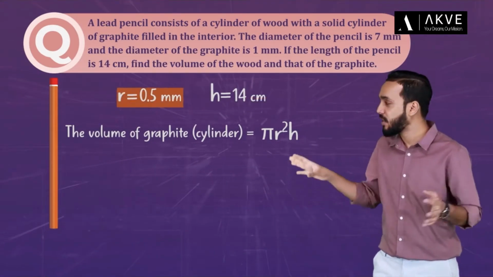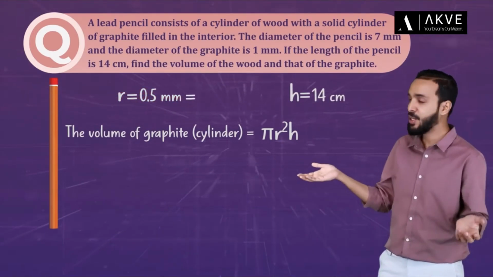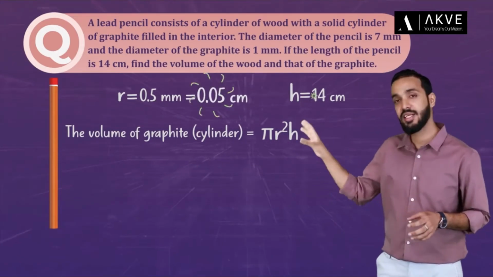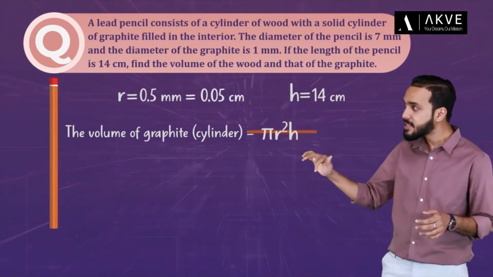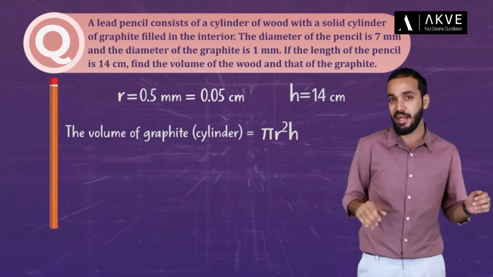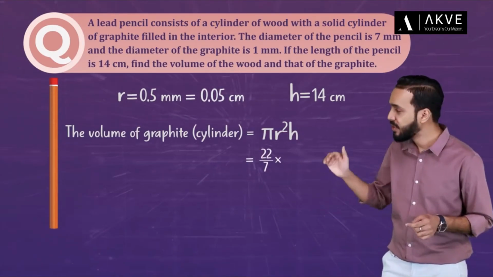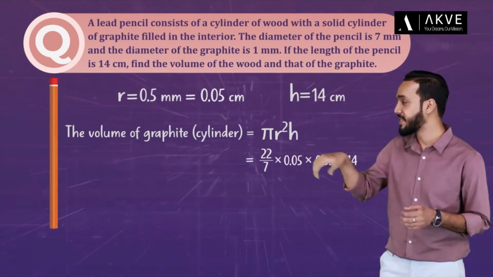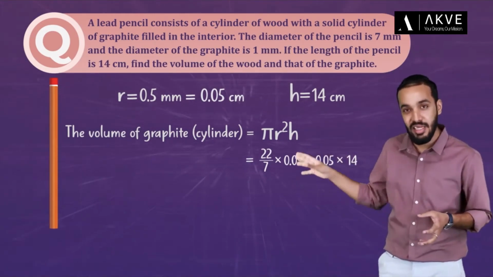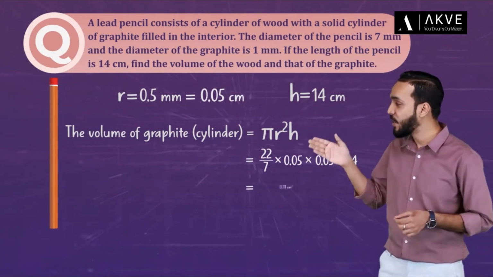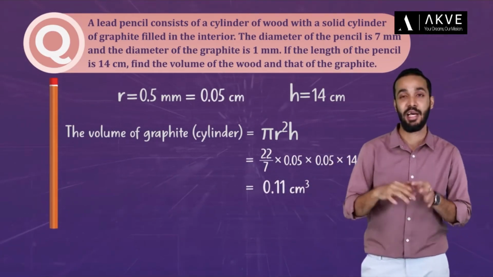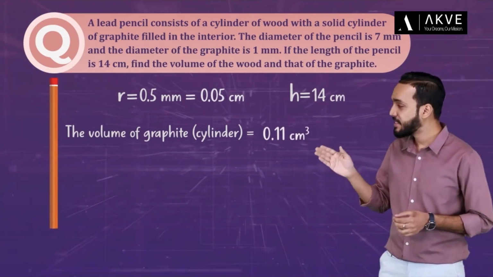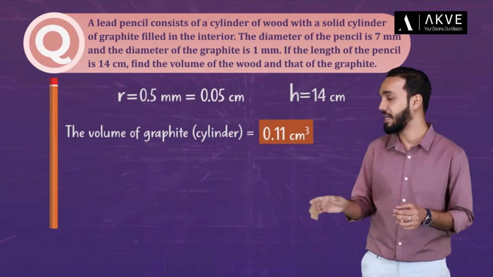Here, I am choosing to convert the radius 0.5 millimeters to 0.05 centimeters. So now, substituting these values in the formula pi small r squared h, we get 22 by 7 into 0.05 into 0.05 into 14 cubic centimeters. The common factors obviously get divided and we get 0.11 cubic centimeters. So basically, the volume of graphite in this pencil is 0.11 cubic centimeters.